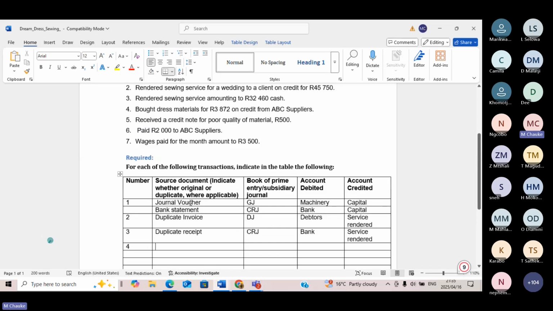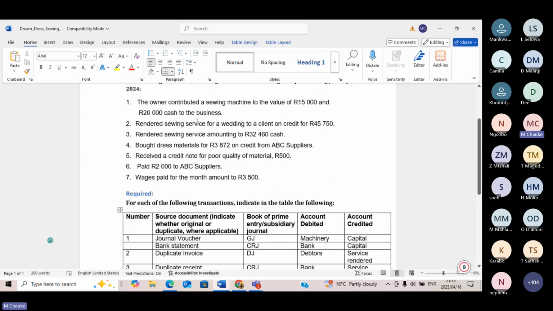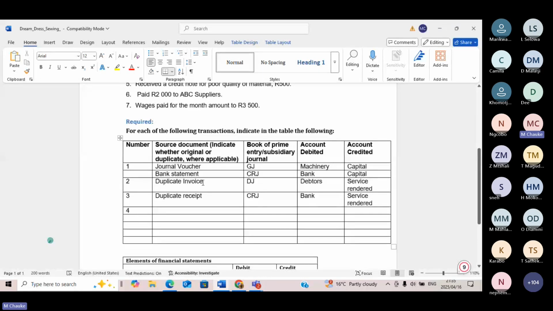When you buy on credit, remember, now you are the client to the supplier. So the source document is going to be the original invoice, because you bought on credit. Remember, in transaction number 2, we had a duplicate invoice while you were selling, or rendering a service. Now they are rendering a service to you, your supplier.